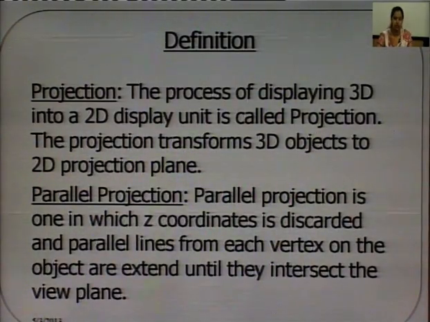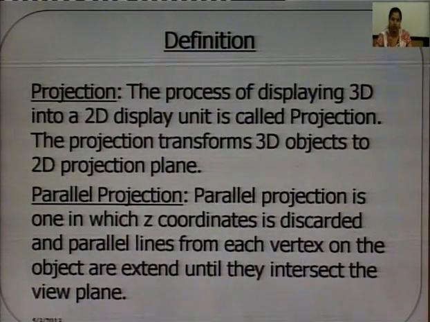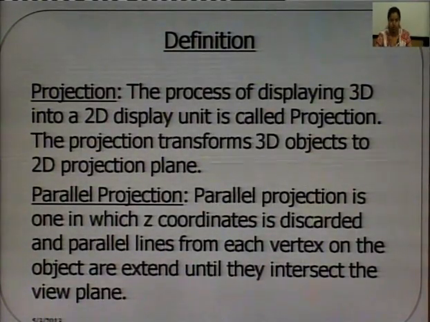First is projection. The process of displaying 3D into a 2D display unit is called projection. When we convert a 3-dimensional object into a 2-dimensional display unit, we call it projection, and projection transforms 3D objects to the 2D projection plane.